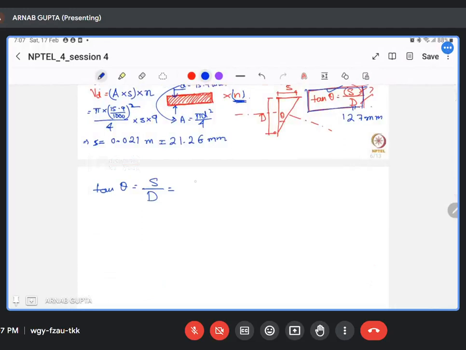I will also see if we can discuss a few more problems on pumps, because pump is a very important component in hydraulics. From an examination point of view, you can expect numerical questions on pumps. So you are expected to practice such numericals for the exam if you are writing the exam.